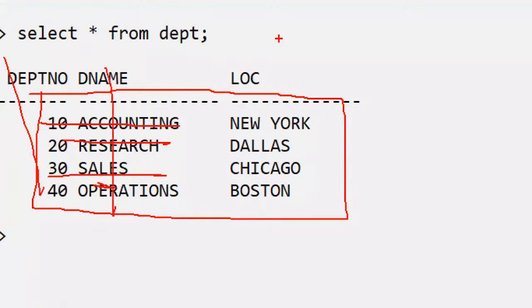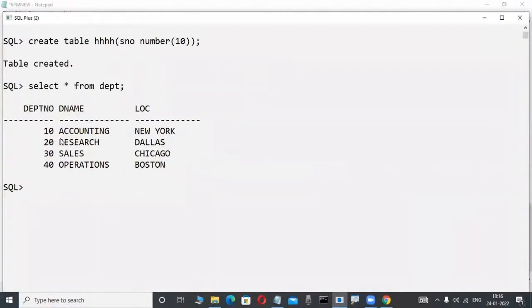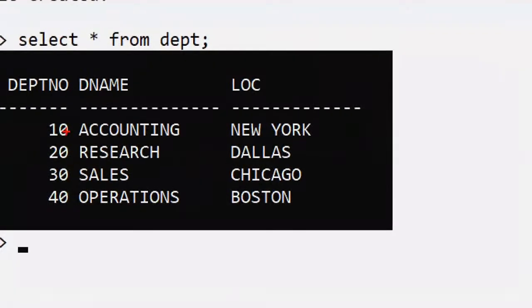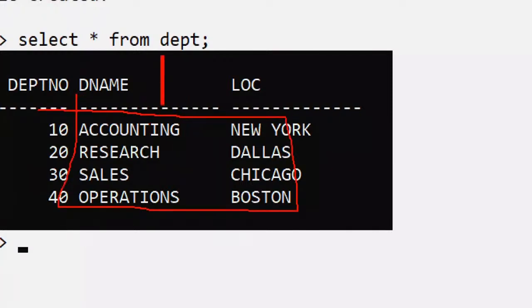Nowadays, that is also called two-dimensional tables.